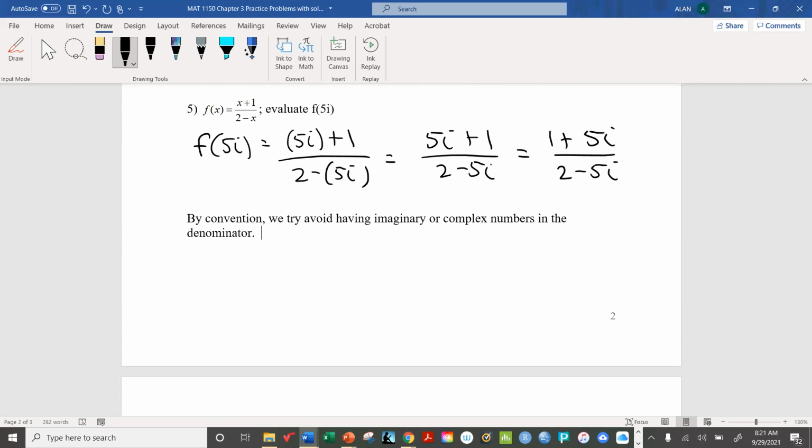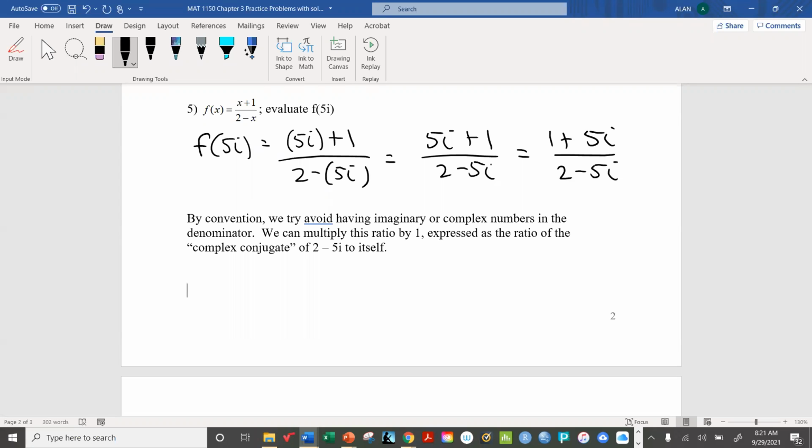How do we get rid of this? We can multiply this ratio by 1, but expressed as the ratio of the complex conjugate of 2 minus 5i to itself. Let's put it that way.